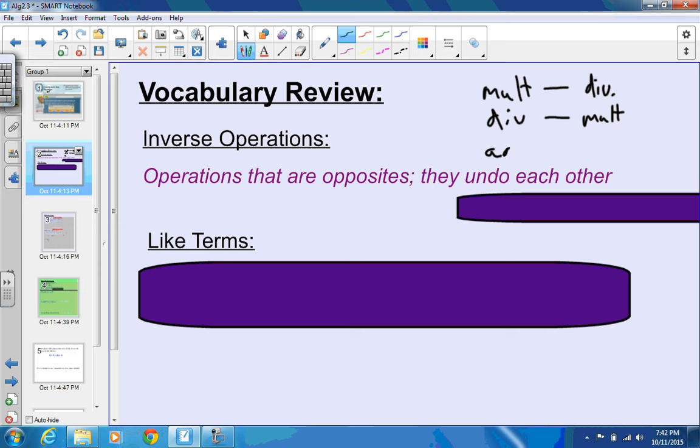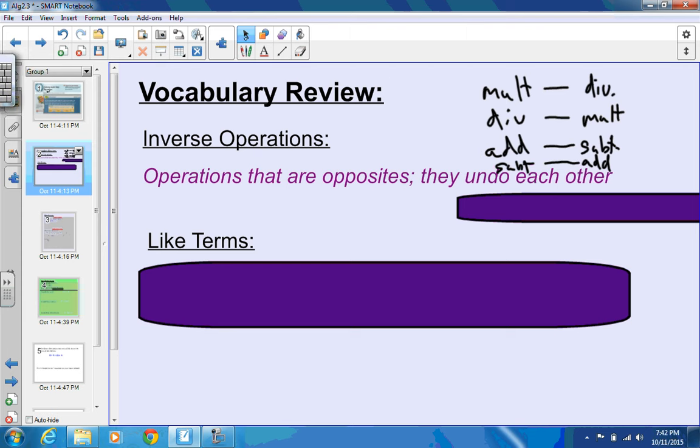Same thing for addition, the inverse would be subtraction, and for subtraction, the inverse would be addition. Whenever we're solving an equation and we're trying to undo something on one side so we can get the variable all by itself, all isolated, we have to use the inverse operation to undo whatever that part is.